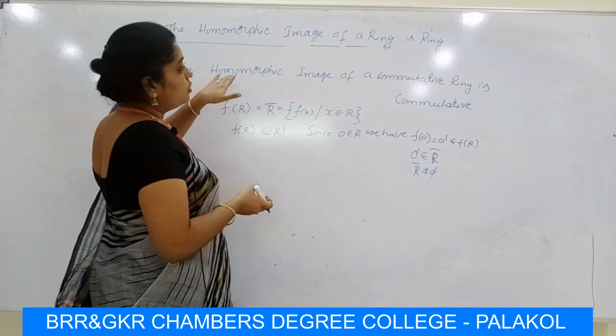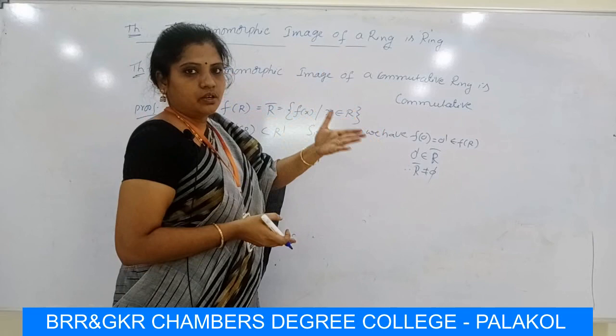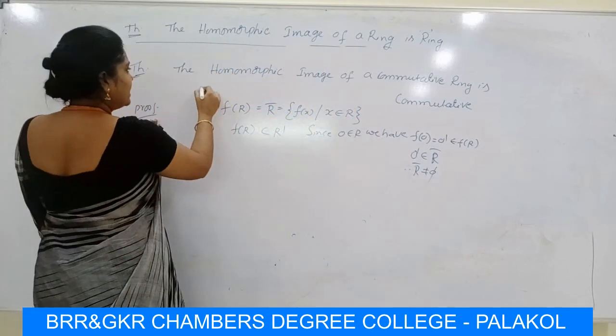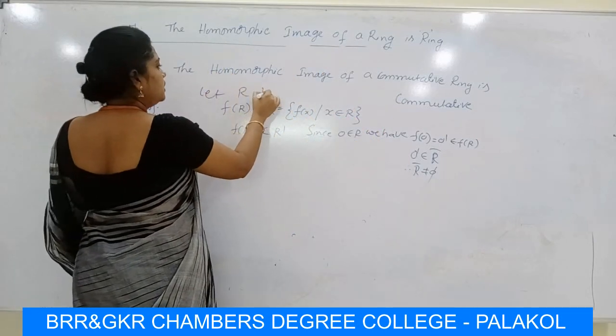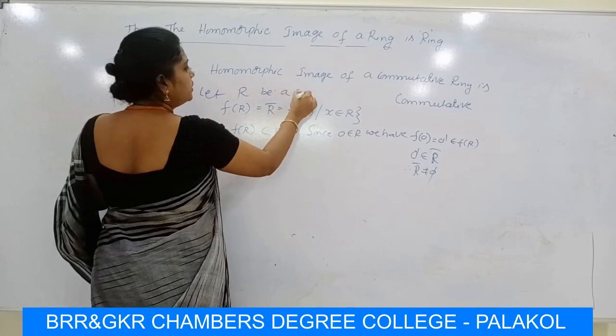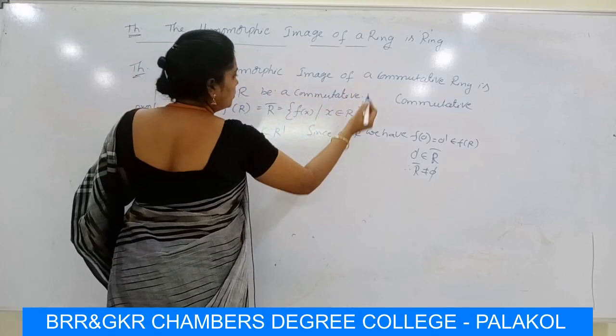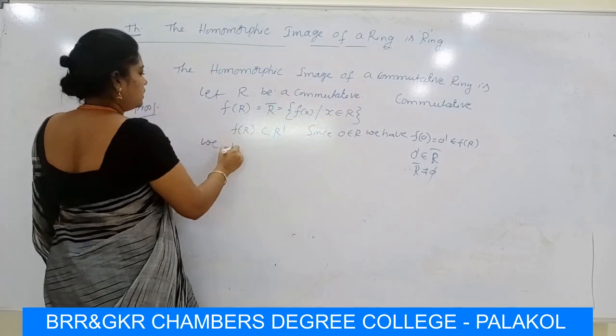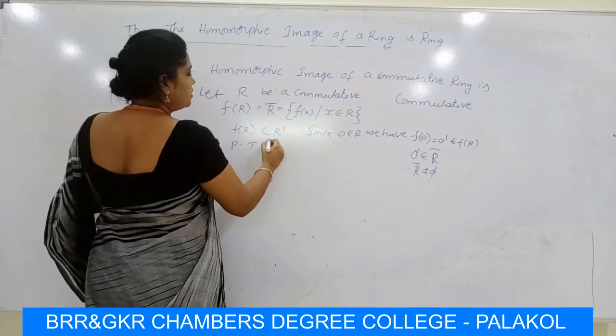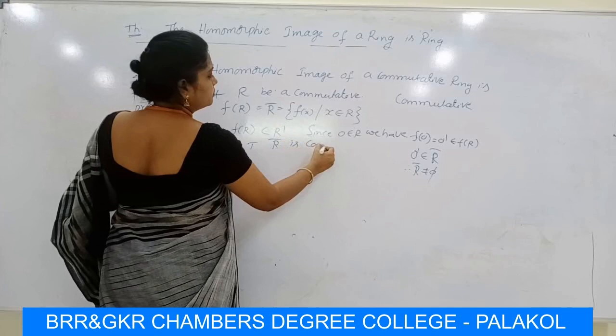Here the statement is the homomorphic image of a commutative ring is a commutative ring. So let R be a commutative ring. We have to prove that R bar is commutative.